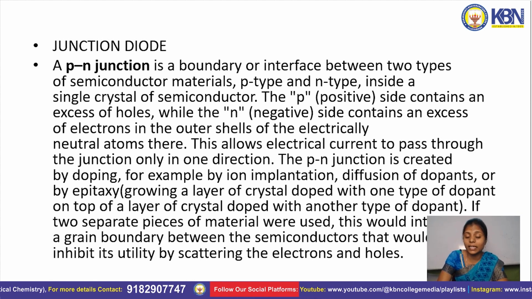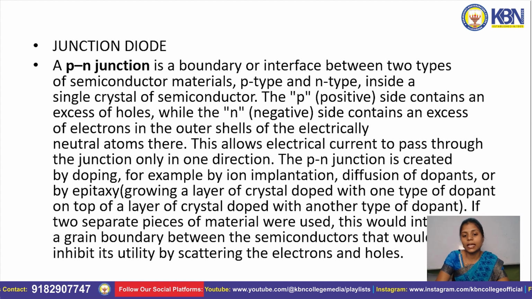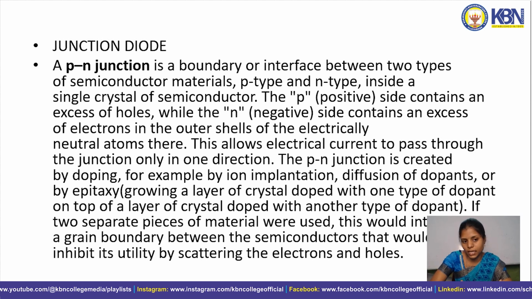In a reverse bias condition, the electrons and the holes don't have any conduction. There is only a minimal amount of current passed through it, so there is no passing of current in a reverse bias condition. In this way we can say that a diode operates in a forward bias condition only.